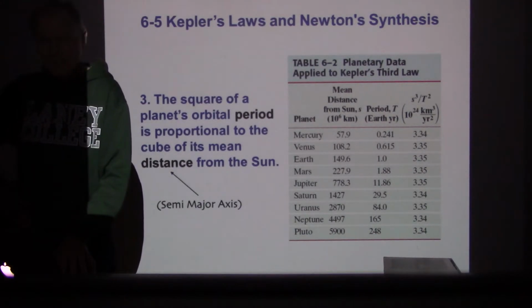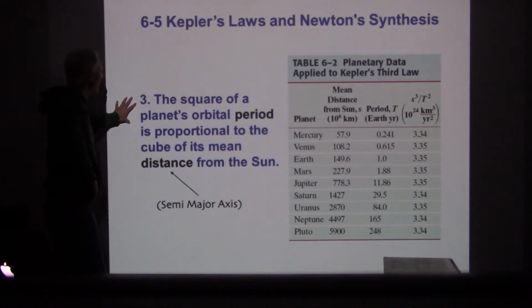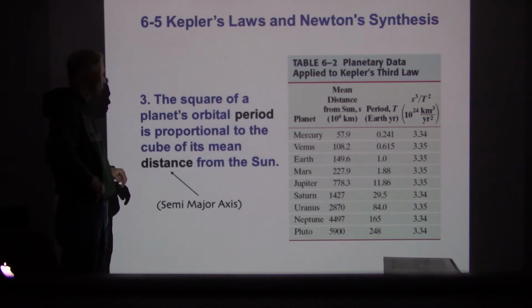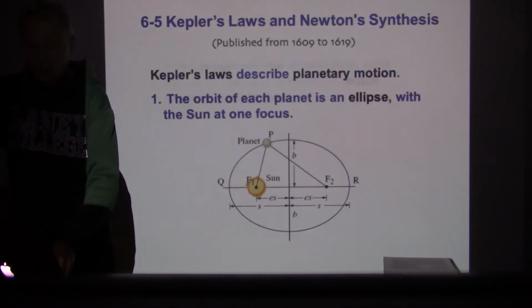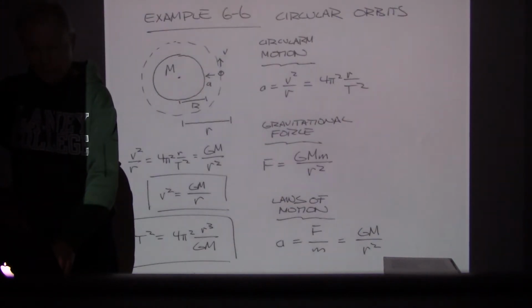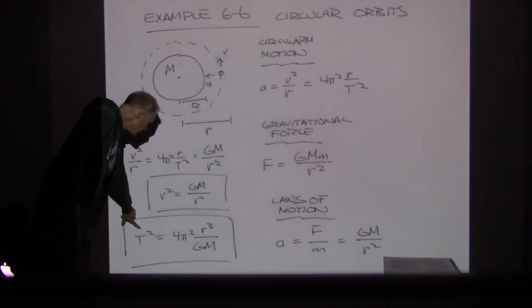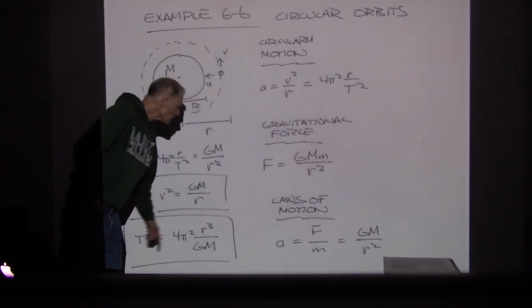Now, one more item, Kepler's third law says the square of the planet's orbital period is proportional to the cube. Now we derived this formula, at least we did for circular orbits. That takes us back to here. See how the period squared is proportional to the radius cubed.